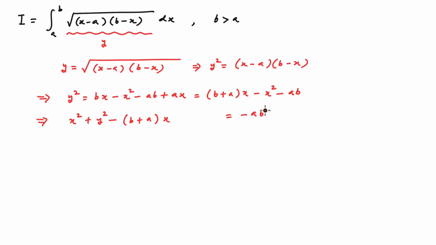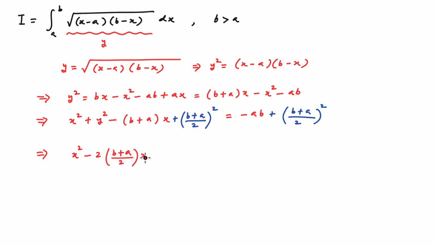Now on the left hand side, we will be looking for an opportunity to create a perfect square from the x terms. So we add ((b plus a) upon 2) whole squared to both the left hand side and the right hand side. This can be written as x squared minus 2 times ((b plus a) upon 2) times x plus ((b plus a) upon 2) whole squared plus y squared.